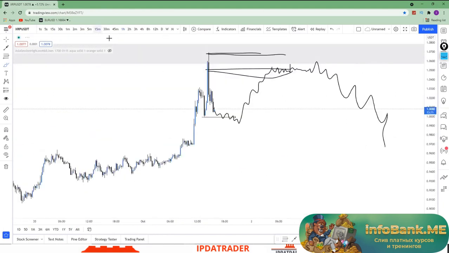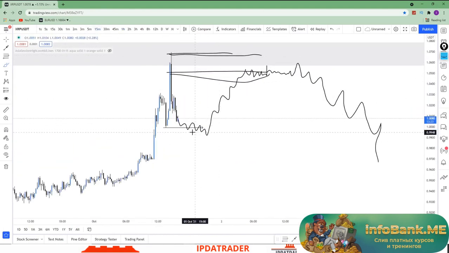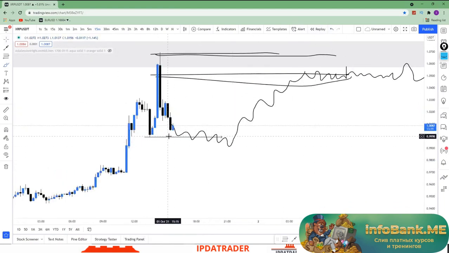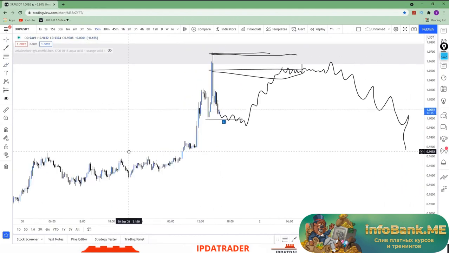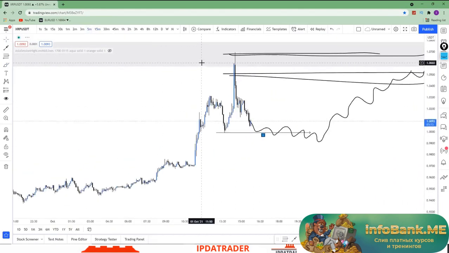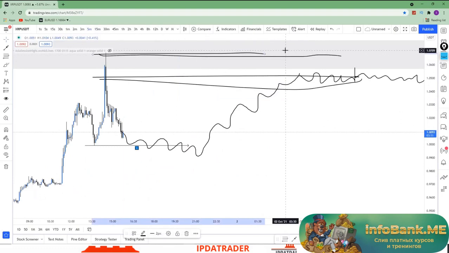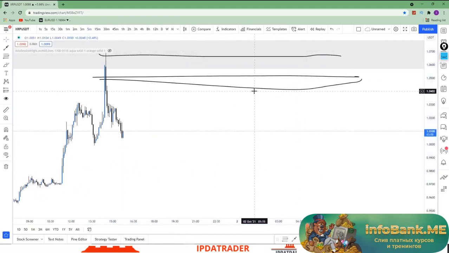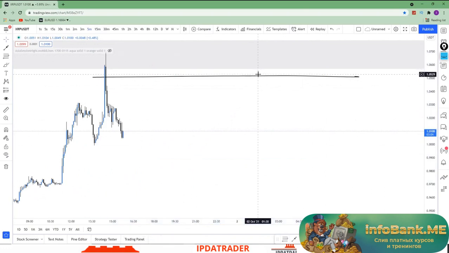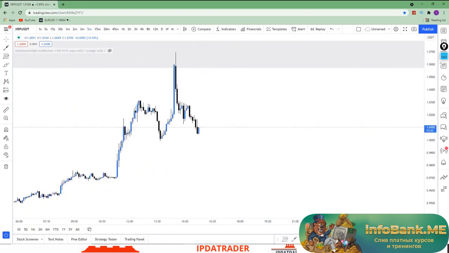So yeah, that's that. Zooming into the 15, as we said, we could be waiting for a potential break in market structure below this low. Once we get that, then maybe you can expect a return into the supply. Let me get rid of this because it's not looking good. Right, and let's actually do it more precisely. So we could be waiting for this low to break.